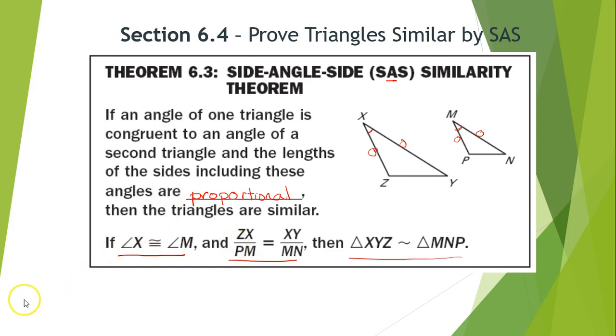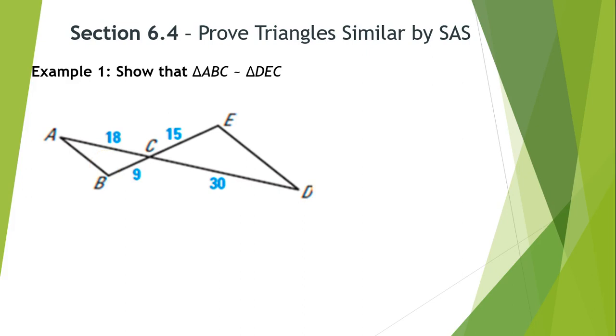So let's apply this. All right, so in this example, it says show that ABC is similar to DEC. Well, let's look at this. We know that this angle right here and this angle right here, they're vertical angles, so they are congruent. Let's go ahead and state that because we're going to need it in showing that these are similar by side angle side.